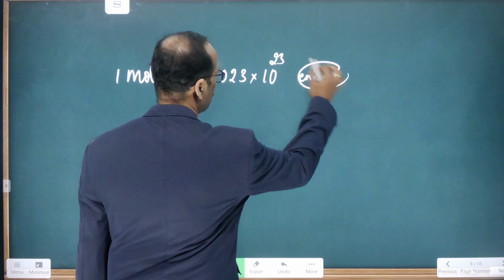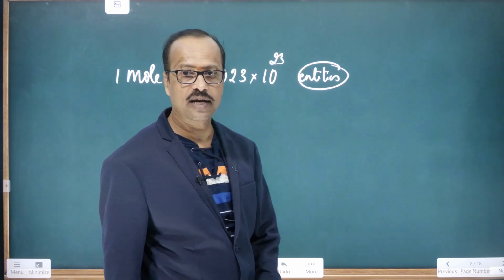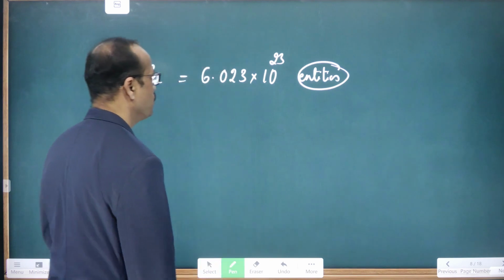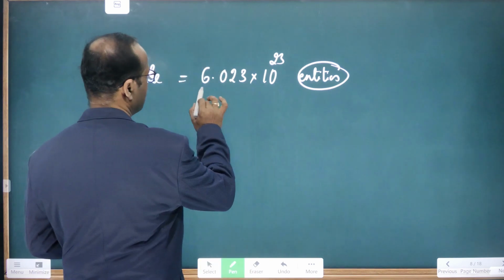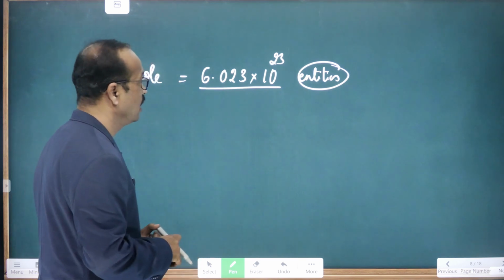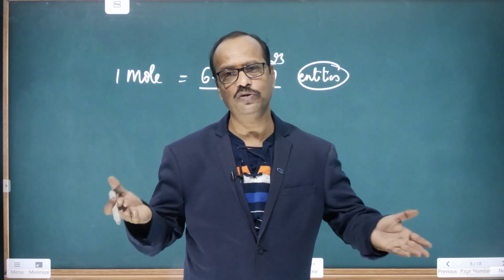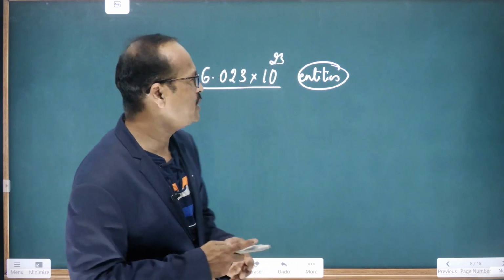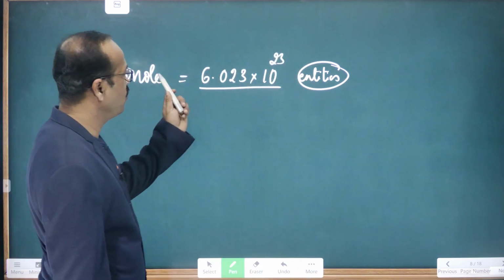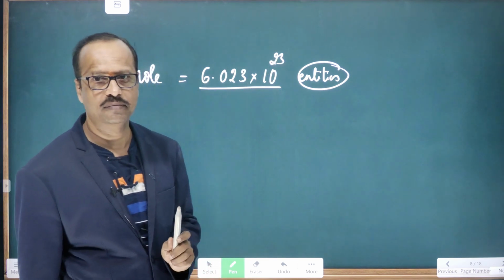So, the meaning is what? 1 mole of oxygen atoms, if anyone asks you, consists of 6.023 into 10 to the power of 23 atoms. If I ask you 1 mole of hydrogen atoms is equal to how many? 1 mole of hydrogen atoms consists of 6.023 into 10 to the power of 23 atoms.